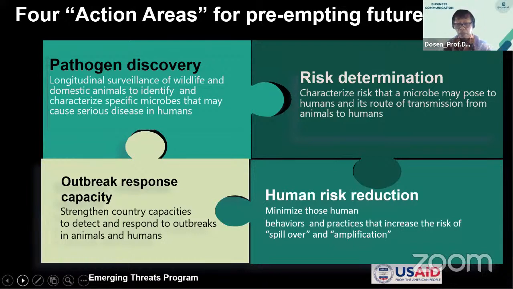That's why we have a project related to that program, analyzing the microbiome and the possible spillover of disease from animal to human. We have a project on bats, long-tailed macaque, and also dogs. This will be a spillover and amplification of the disease.